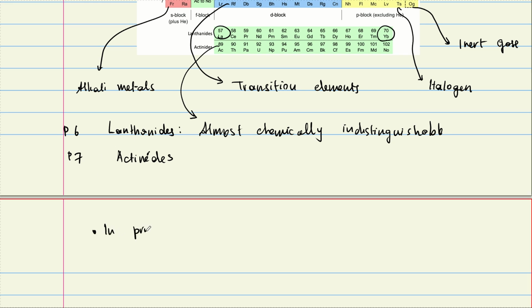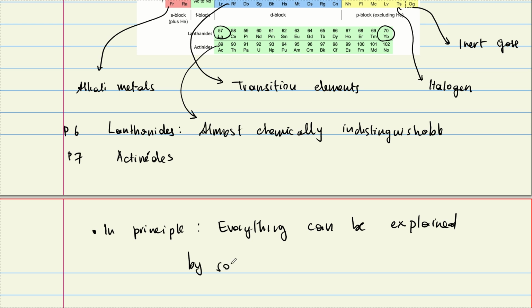So in principle, almost everything we see, not only the elements and atoms and molecules, but more complex organic molecules and everything that's composed of atoms, can be explained by solving the Schrödinger equation, right?